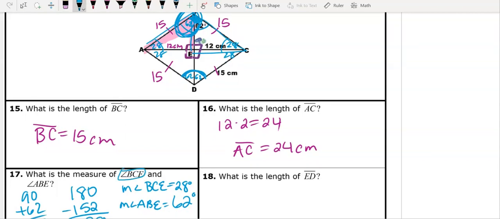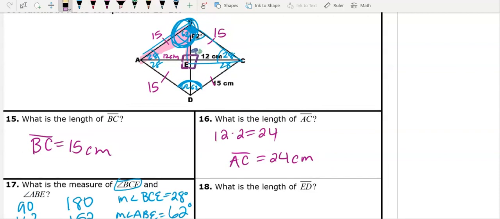Yes, the three letters direct you where to begin and where to end. If the three letters say BCE, we start at B, we go to C, we go to E. So the angle in between those letters is what they're referring to. And when they said ABE, we follow the direction of A to B to E, and that's this angle right here.